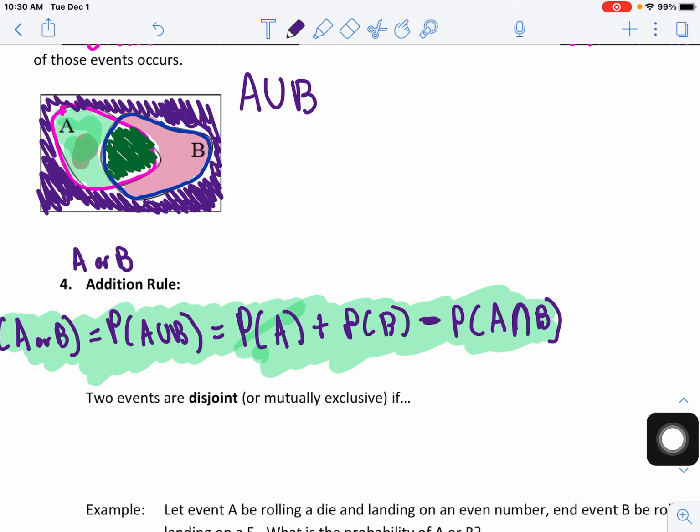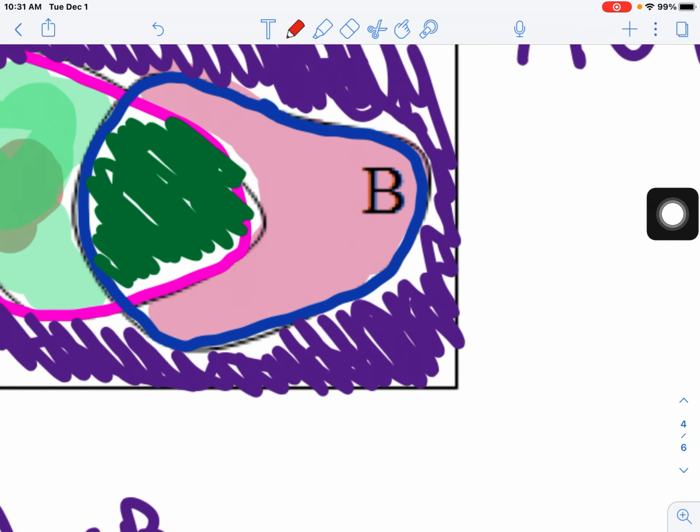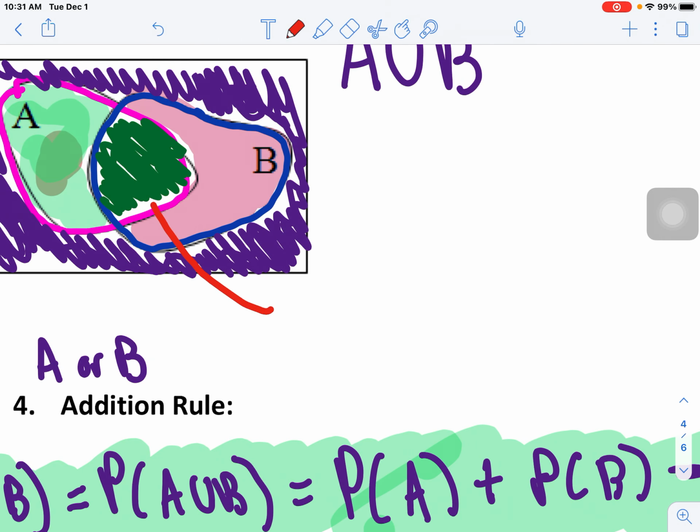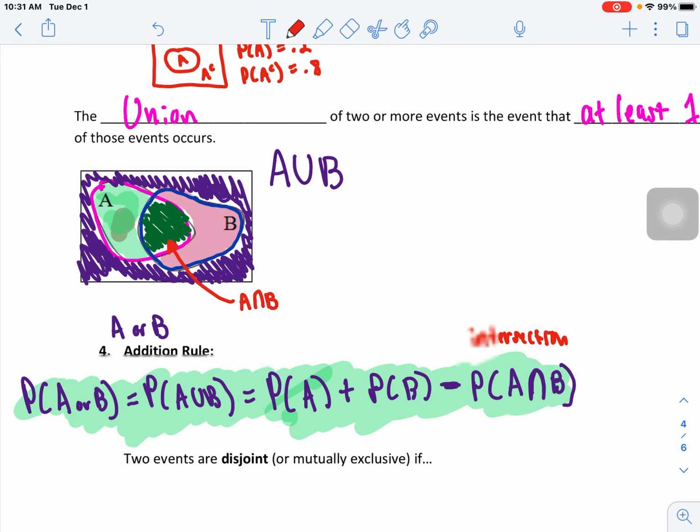This little piece right here is called the intersection of A and B. And that is the middle piece. So that is A and B happening.